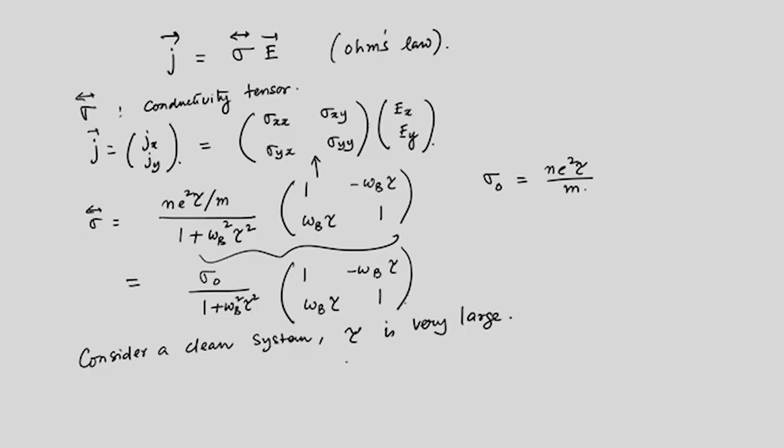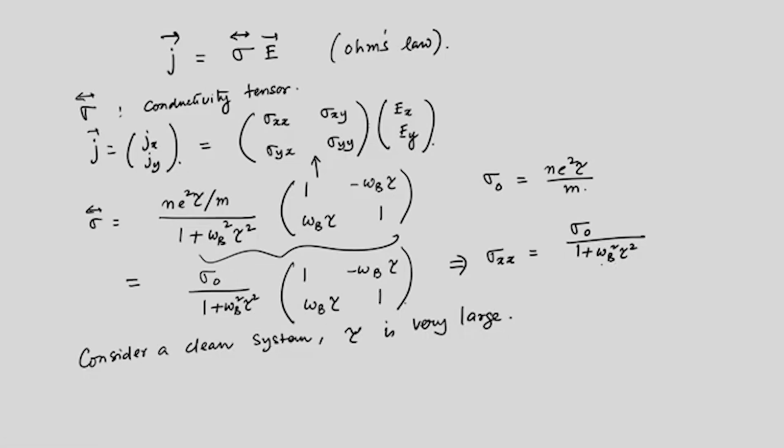And when tau becomes very large, from here what one gets is that sigma xx is equal to sigma 0 divided by 1 plus omega b square tau square, right? Because this element is 1 and that will get multiplied with what is there outside the matrix.